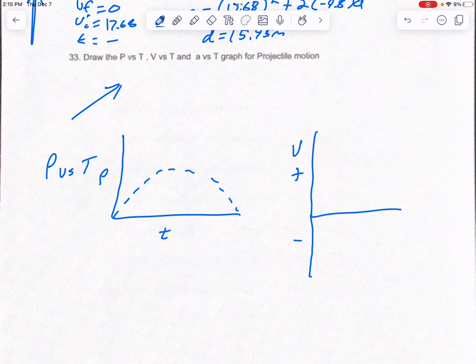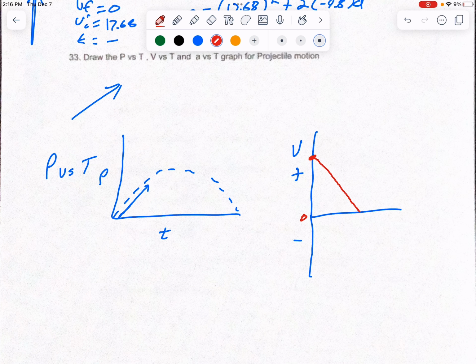Okay, so when you launch something, its velocity is the highest at the bottom. When you launch something, it's going to start very fast and start to slow down as it gets to the top. So it starts off with a high velocity. I'm going to use a different color here. It starts off with a high velocity up here, and it starts to slow down. So remember, your x-axis is 0, so it's going to start going towards 0.